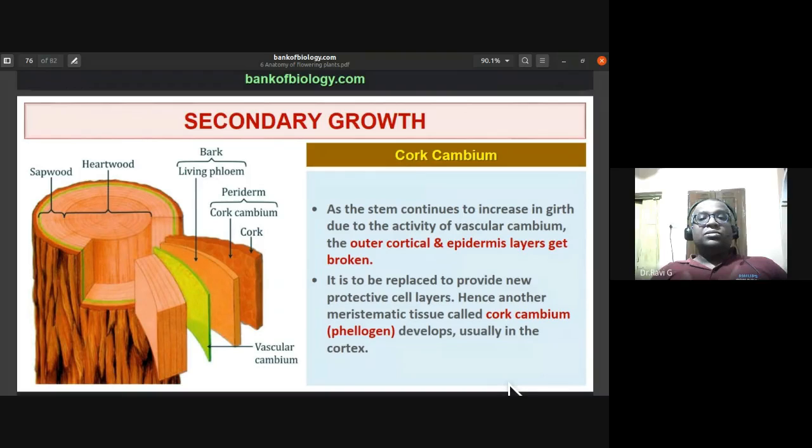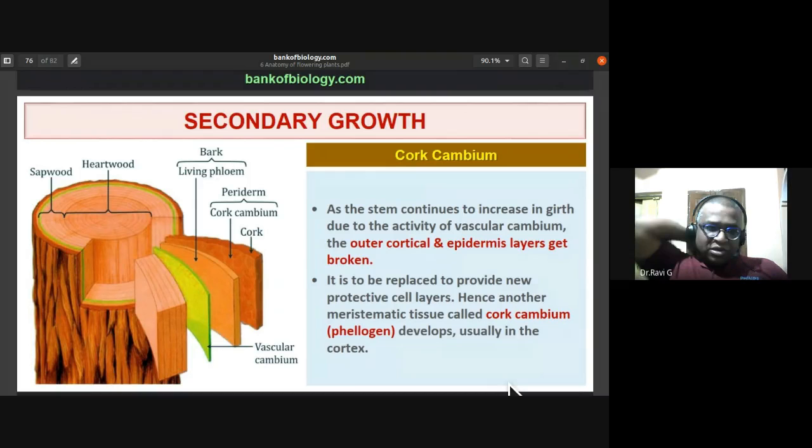So as the stem continues to increase in girth due to the activity of vascular cambium, the outer cortical and epidermis layers get ruptured or broken. It is to be replaced by new protective cell layers. Hence another meristematic tissue develops within the cortex, and we call that newly formed secondary meristem cork cambium.